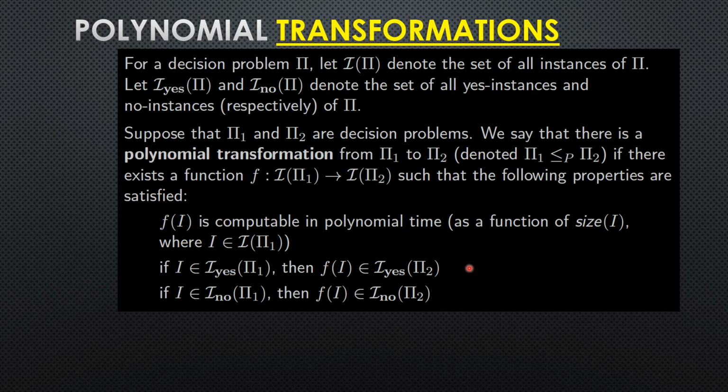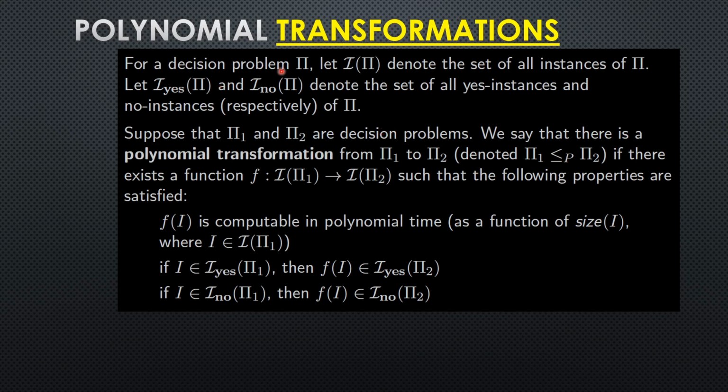So this is about reducing one decision problem to another, making a single call to the oracle for the subproblem that we're reducing to. Okay, so let's go through this.